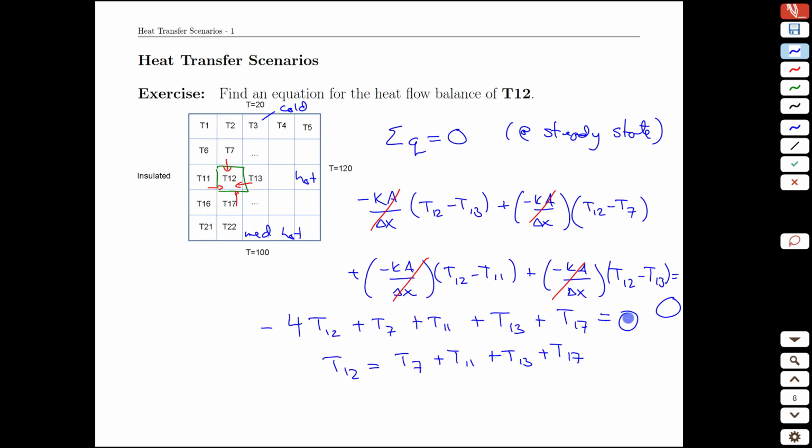If I bring this over to the other side, it becomes positive. And divide by 4. And lo and behold, what this model of steady state predicts is that if we break our square region here into small cells, then when we have neighbors, this one's temperature will equal the average of the neighbors' temperatures.